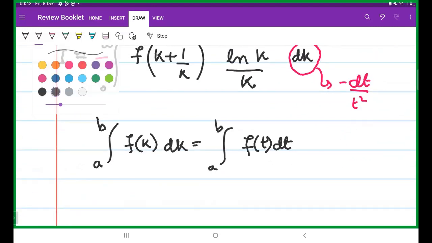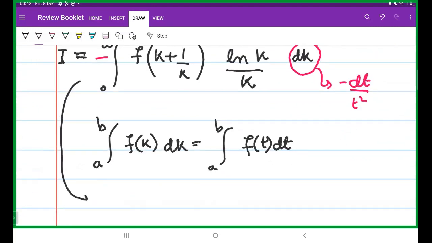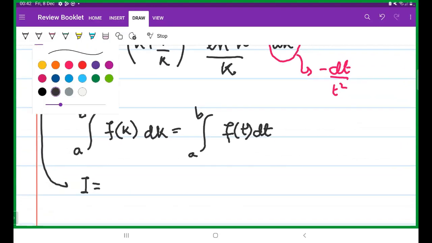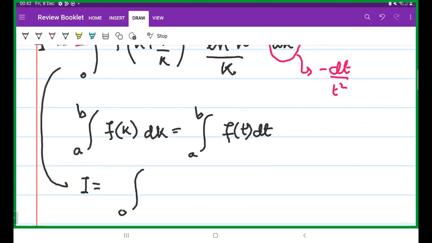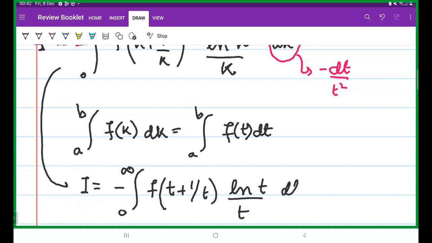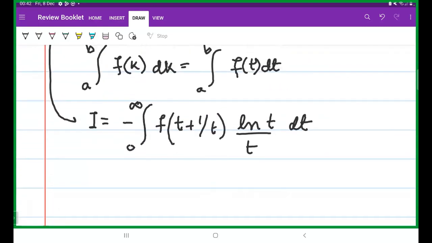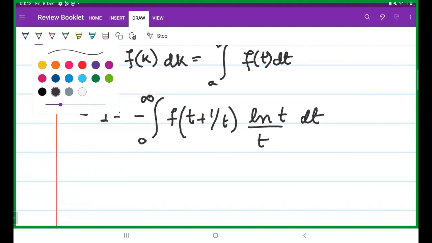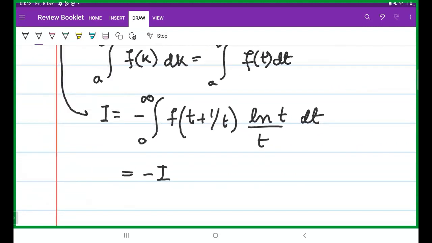So we take this particular equation and if we replace everything over here, this will basically be ln t by t dt, right? So this means I equals minus I, right? So I is equal to 0.